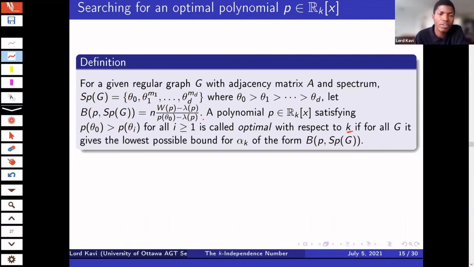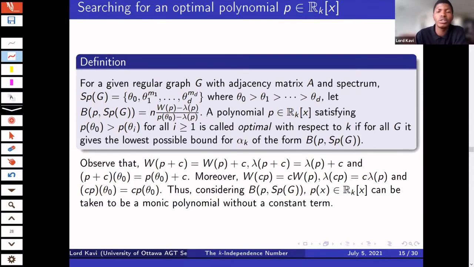One thing we can observe about this is that this value is invariant under translation and or scaling.